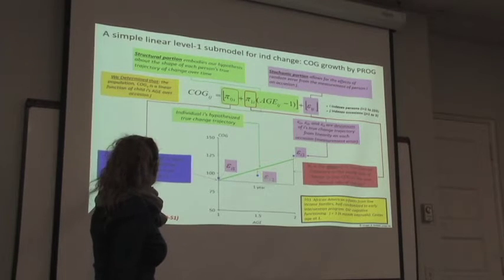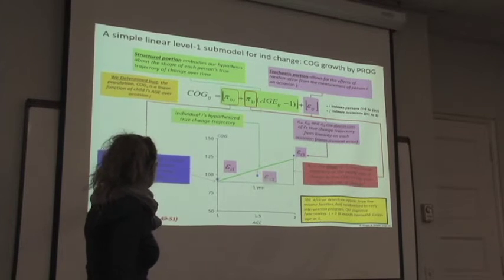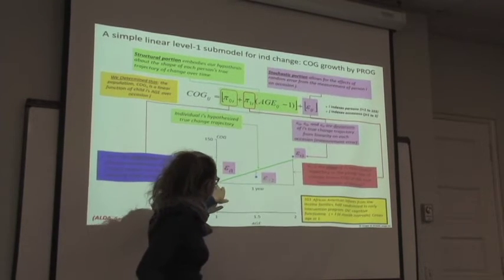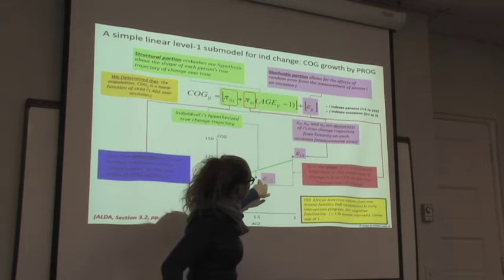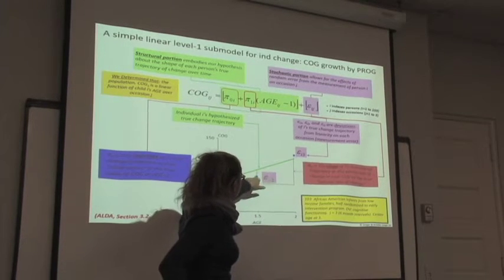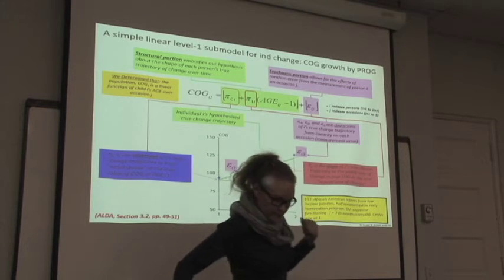So the intercept of the true change trajectory, true initial status, is the true value of cognition at age 1, the starting place, plus the slope, plus here are the error terms. You can see them a little bit better in this picture than in the last one.